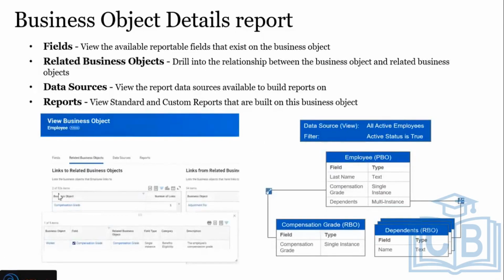How can I check that? If you see a worker, if I'm looking at the worker business object or employee business object, it is linked to compensation grade. And each worker can only have one compensation grade. And we saw that this icon identifies this is a one-to-one relationship.